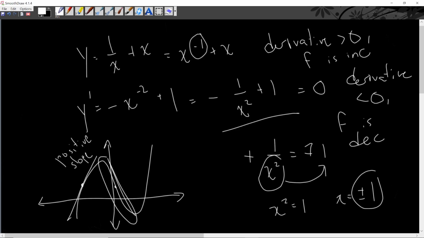I feel like I'm going a little bit fast, but just remember, you have the slope of a line that just touches, right? And that's what the instantaneous rate of change is. That's what the derivative is, the slope of the tangent line. And the tangent line is just, again, a line that quote-unquote just touches, but it technically just connects two incredibly close points on a curve. If the slope of that tangent line is positive, that means that the function's increasing, because the instantaneous rate of change at that point is positive.